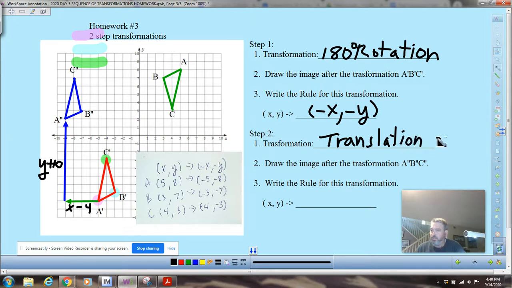Now I'm going to put numbers in here. 4 left, 10 up. Okay, and that's going to be X minus 4 to move it 4 to the left, and Y plus 10 to move it 10 up.